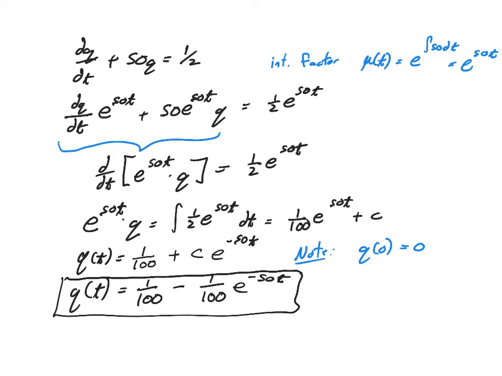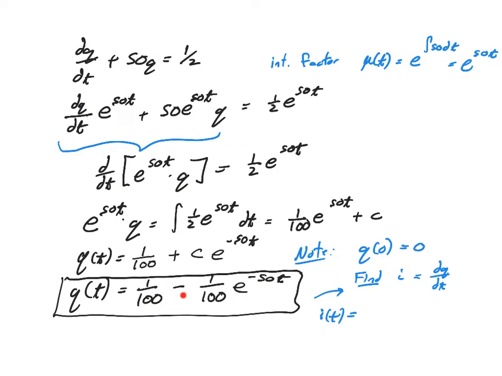Now, if I want to find I in this case, then don't forget that I is equal to just the derivative of q with respect to t. So if I take the derivative of this, then I of t is just going to be equal to the derivative. The derivative of the first is just 0, and then here we can just use the chain rule.